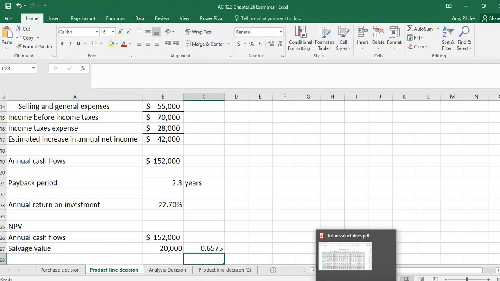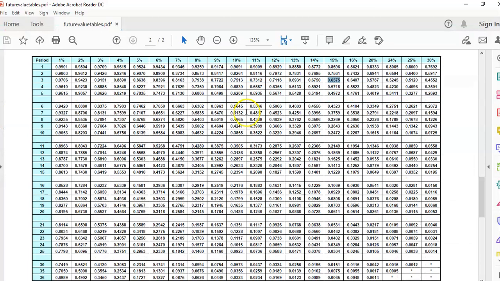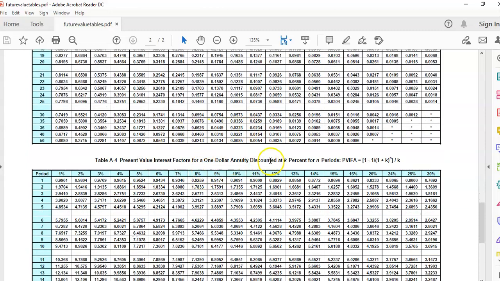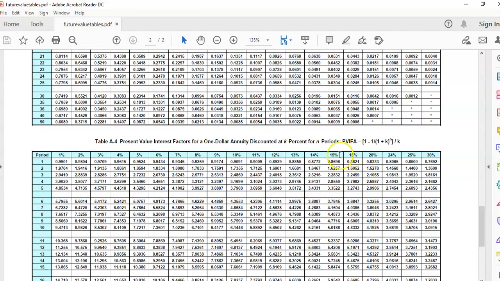And for our annual cash flow, we use the annuity. So present value for a $1 annuity, 15% at 3 years, 2.2832.